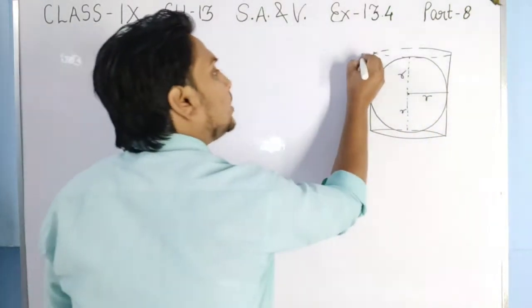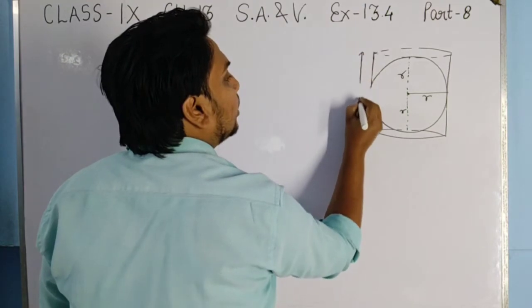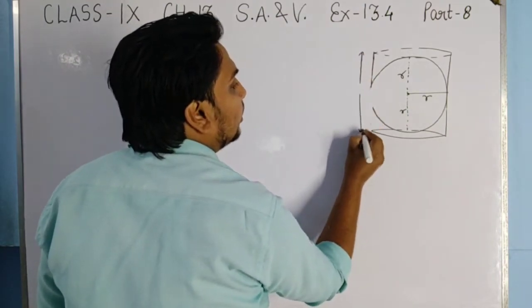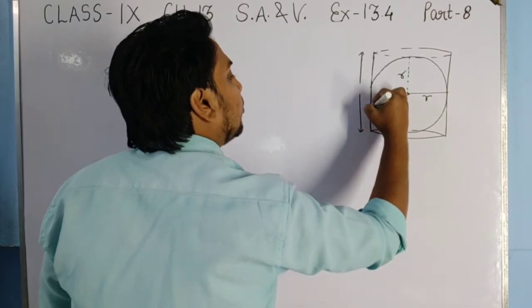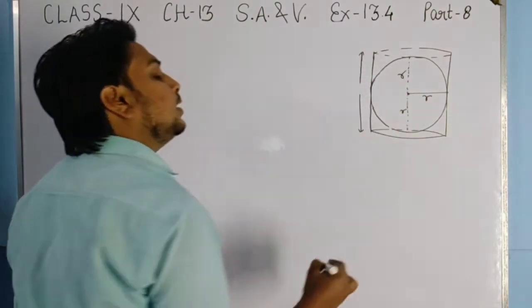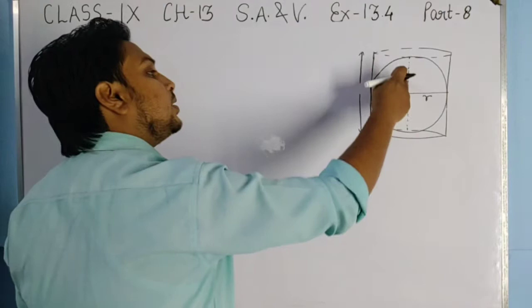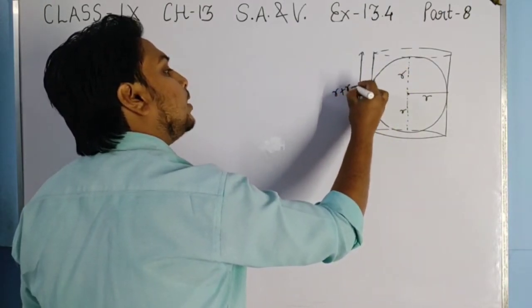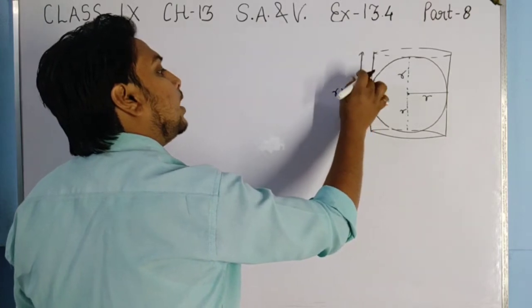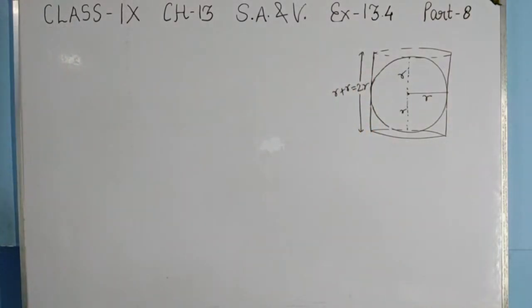So you can see what will be the height of this cylinder. You can observe from the figure that it is r plus r, which is equal to 2r. So the height of the cylinder is 2r.